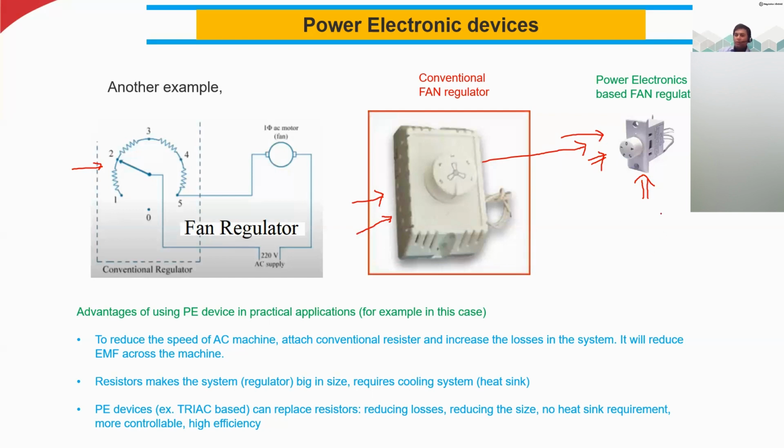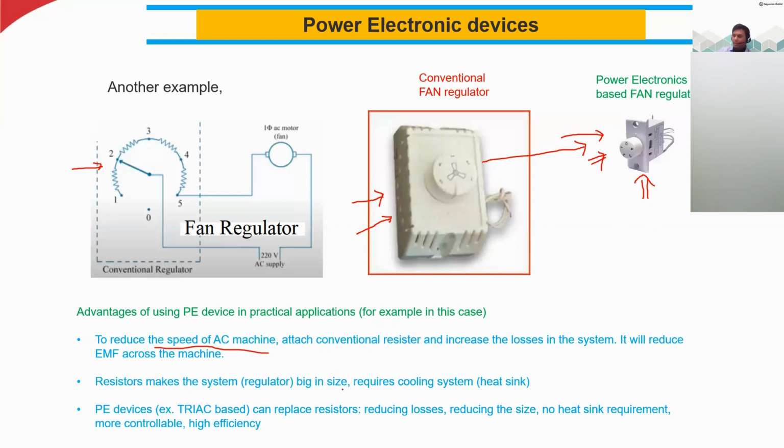You know how easy it is to use these kinds of fan regulators. So, advantages of using this PE device in practical applications. For example, to reduce the speed of an AC machine, attach a conventional resistor and increase the losses in the system. Anyway, it will reduce the EMF across the machine.